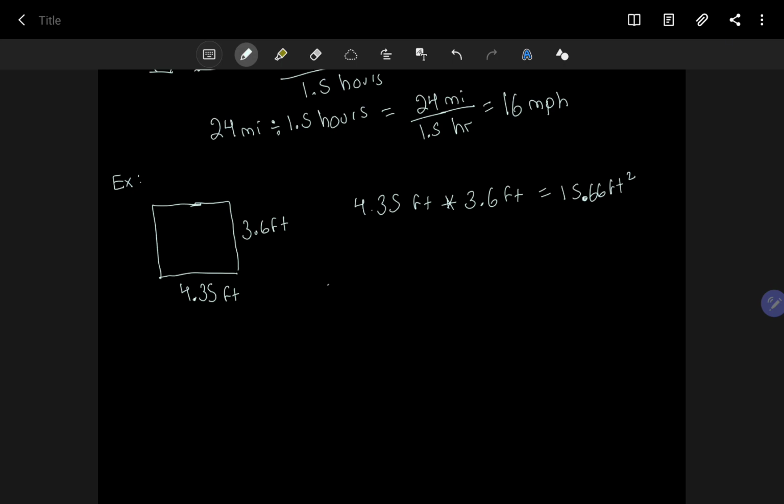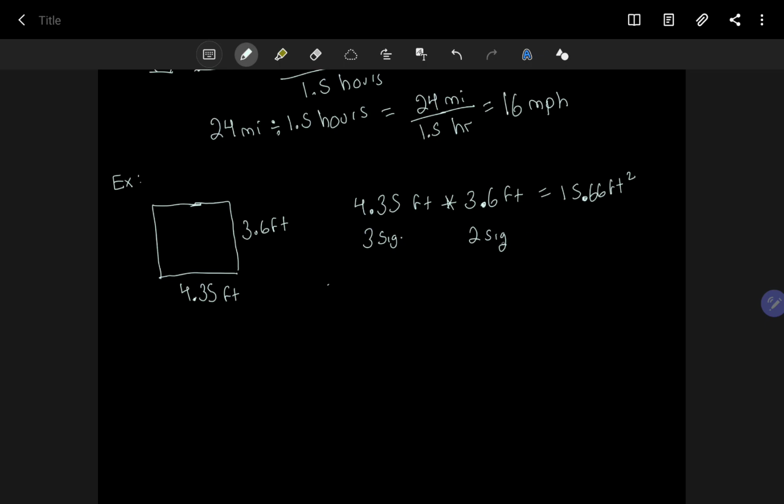Considering our significant digits, we're going to consider each one. This one, how many significant digits does it have? It has 3 significant digits. What about the other one? How many does it have? That's 3.6, so it has 2 significant figures. So when it comes to rounding, you're always going to round to the one that has the least amount.